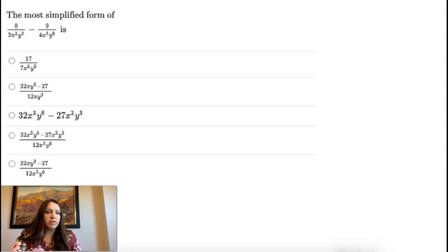Our denominator is going to stay the same, but we actually subtract the numerator. So the numerator, I would take 32x y to the third minus 27. And this is not something that I can simplify. The 32 has an x and a y, the 27 has nothing. So my answer here is going to be this bottom one. That's as simplified as we go.